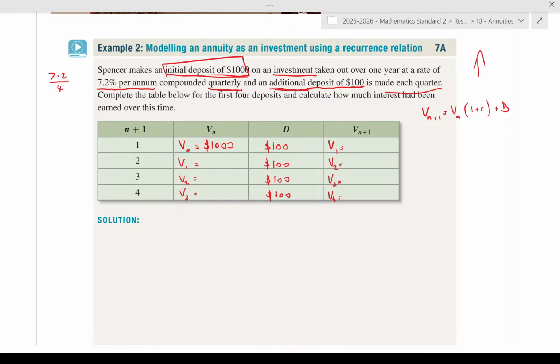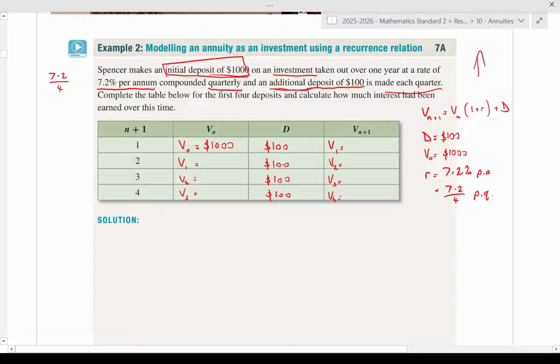My D I know is 100. My V0 I've already written down, that's my starting value, 1,000. One thing I need is my interest rate. I know it is 7.2% per annum, but I need it to be 7.2 divided by 4 to give me a quarterly interest rate.